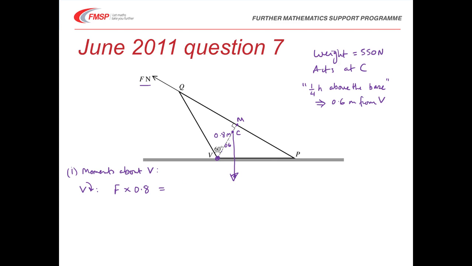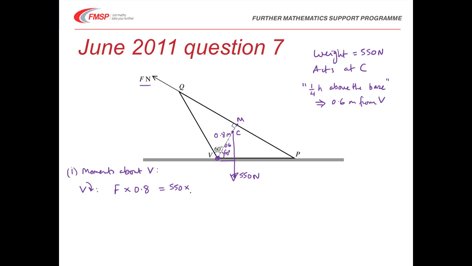And in the little triangle V to C and following the line of the weight force, that angle is also 60 degrees because of the symmetry of the cone, which makes the little distance from V to the line of action of the weight force easy to work out by cosine. So I have 550 newtons for the weight force.